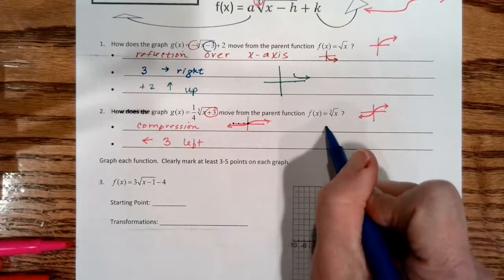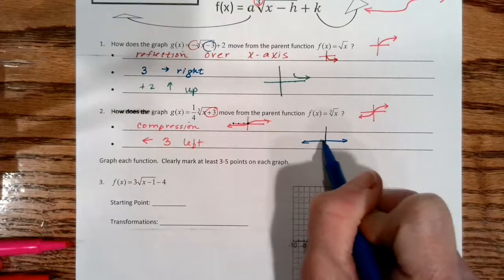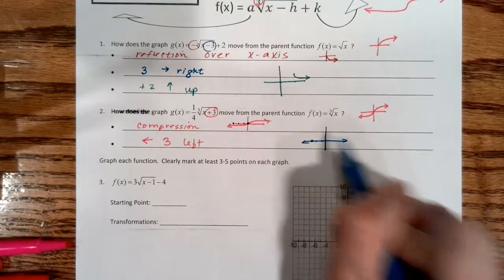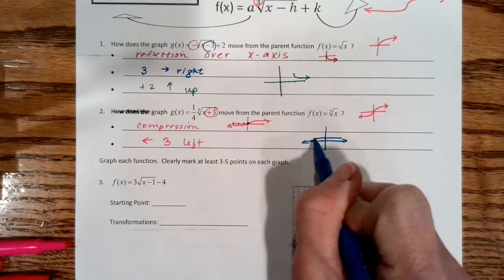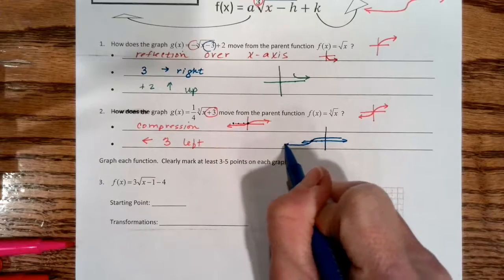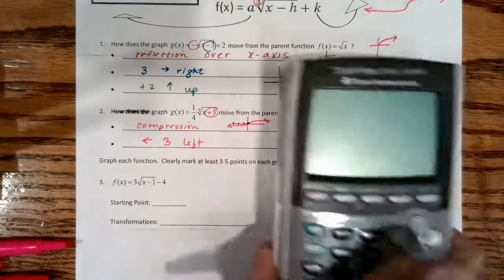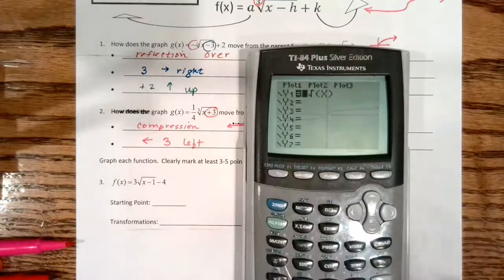So if I sketch what this graph is going to look like, if it's moved 3 to the left, that means it's hugging the axis very tight, and off it goes.